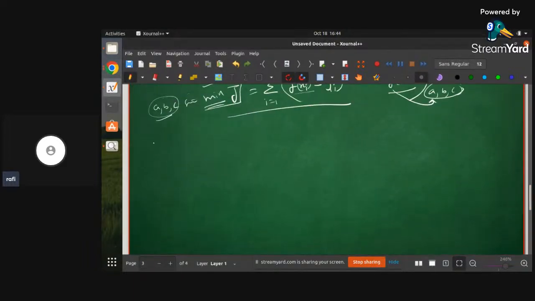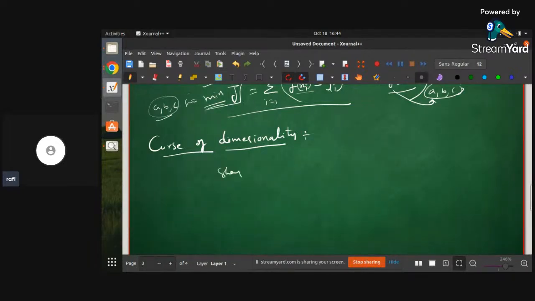So now we have the curse of dimensionality. So what is curse of dimensionality? As we said in the earlier example of sheep versus cow, we have taken two dimensions, which is weight as one coordinate and height as another coordinate.